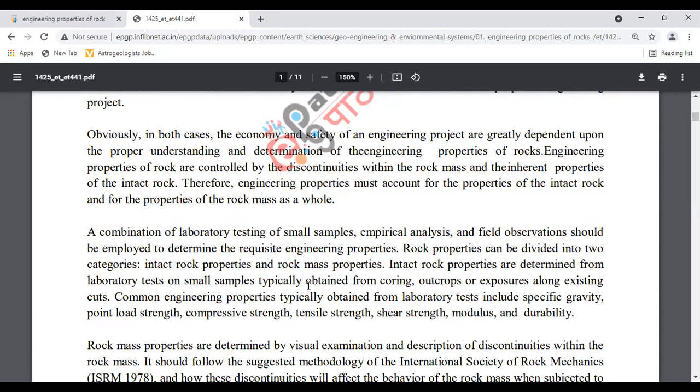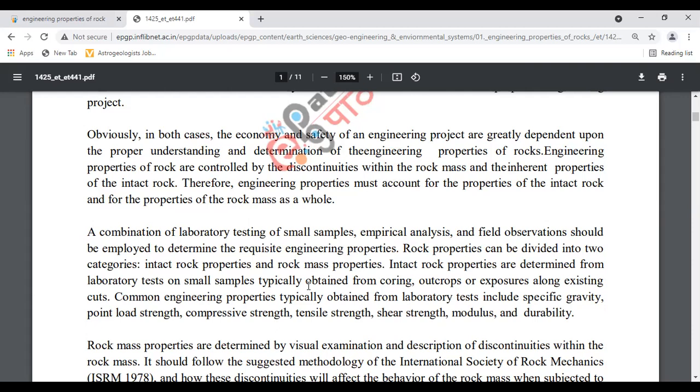Engineering properties of rock are controlled by the discontinuities within the rock mass and the inherent properties of the intact rock. Therefore, engineering properties must account for the properties of the intact rock and for the properties of the rock mass as a whole.